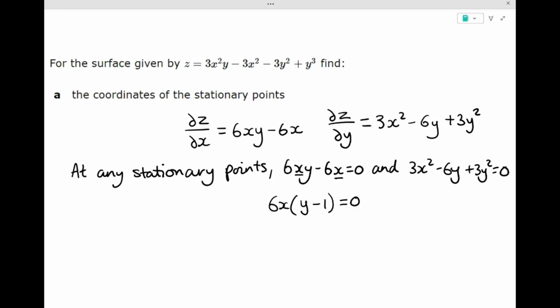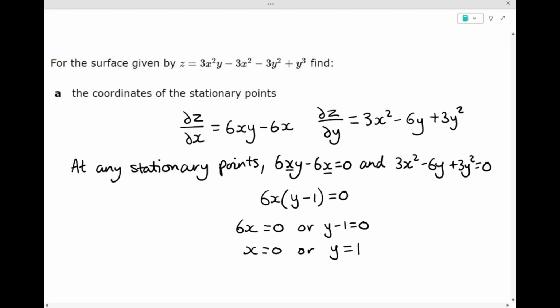That is why you have to factorize. And then we're going to set both of our factors equal to 0. So we get 6x is equal to 0, or y take 1 is equal to 0. So we get x is equal to 0 or y is equal to 1.